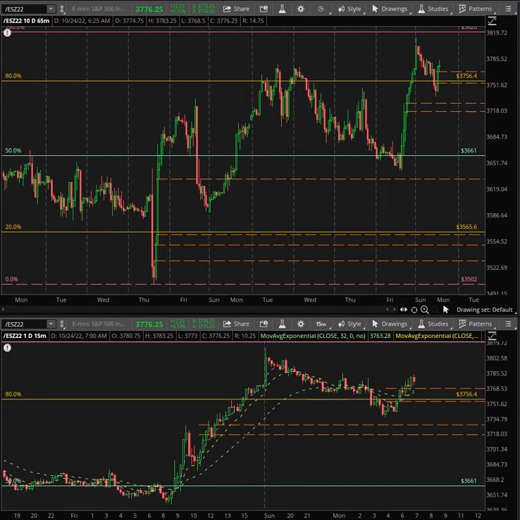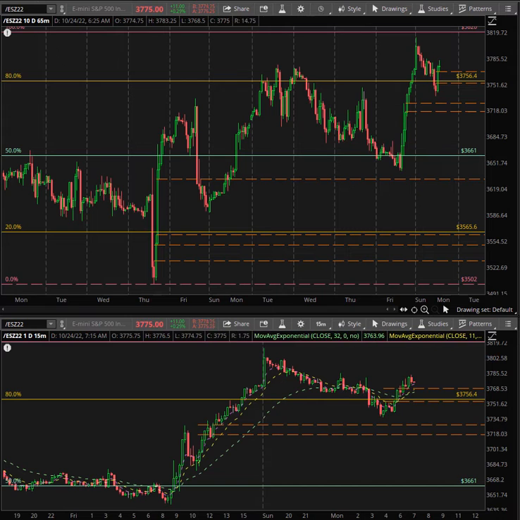Looking for new highs to take out the Friday high, a target up above the top of the range. That pink line at the top of the chart is the top of the range that we've been trading in.